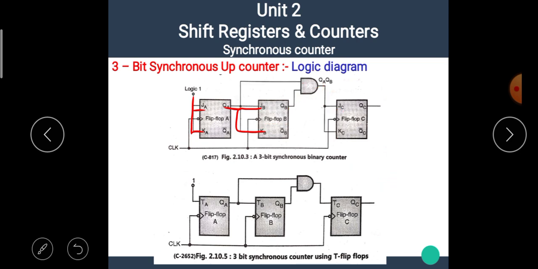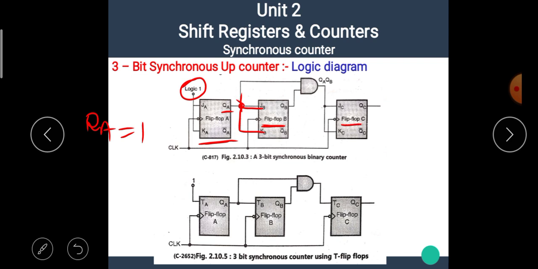Let's see once again. Here flip-flop A toggles at each clock pulse because it is directly connected to logic 1. But flip-flop B only toggles when QA is equal to 1, because QA is connected to JB and KB.